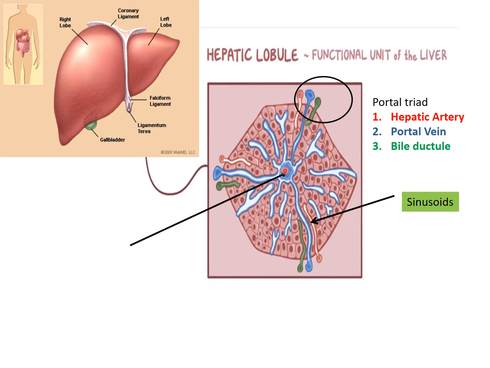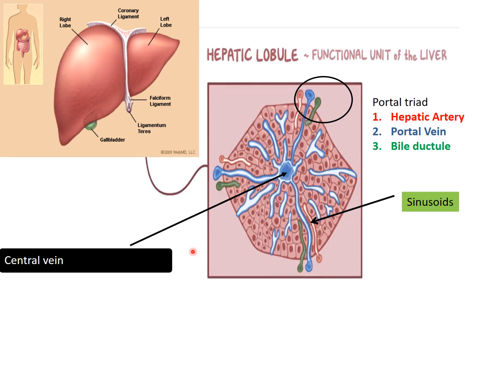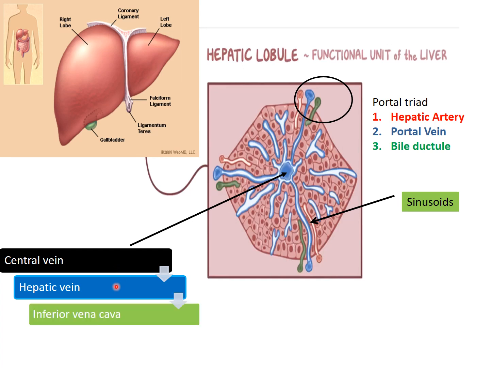The sinusoids empty into this structure which is receiving the blood from hepatic artery and the portal vein. It is central vein. This central vein will open up into the hepatic vein. Hepatic vein will contribute toward the inferior vena cava, and inferior vena cava we know will open into the right atrium.